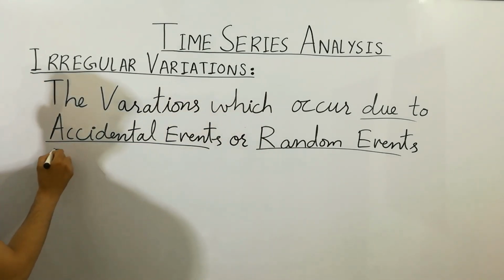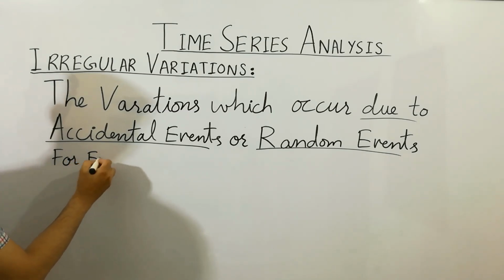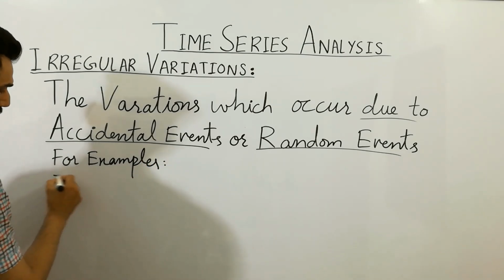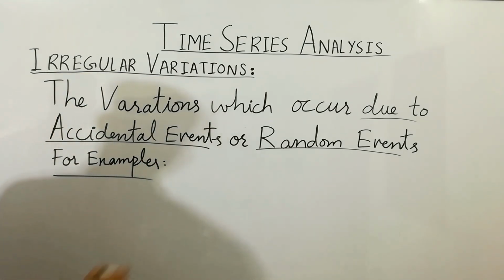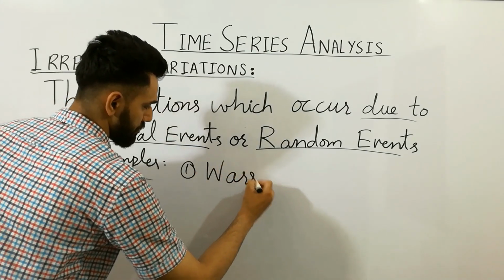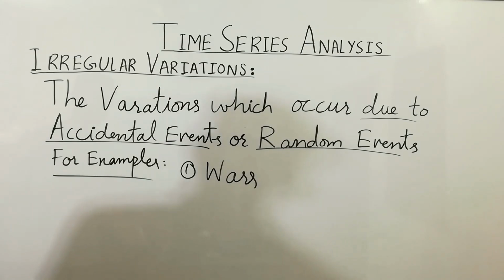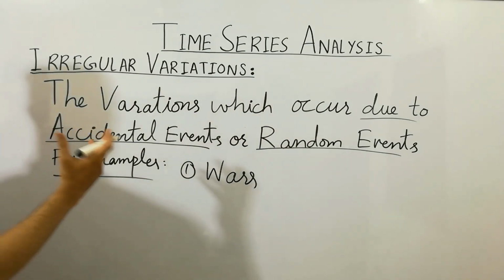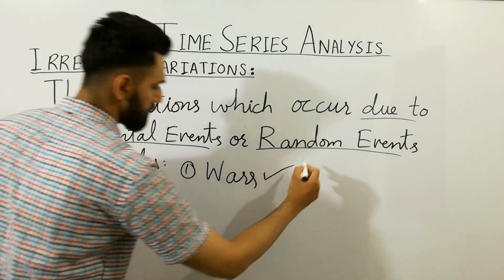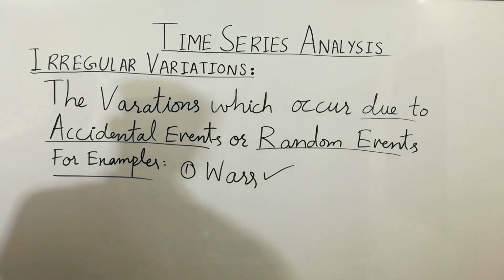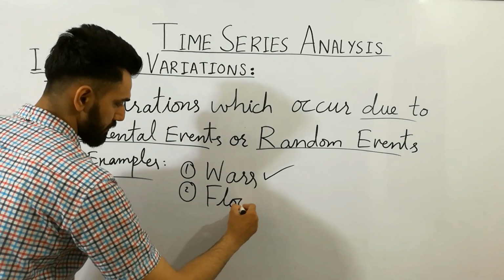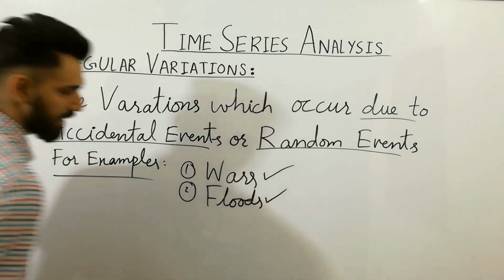For example, these examples will clear all your concepts about this topic. Number 1 is wars. In wars there is randomness, accidental events occur. That's called irregular variations. Number 2 is floods. Floods can suddenly come.